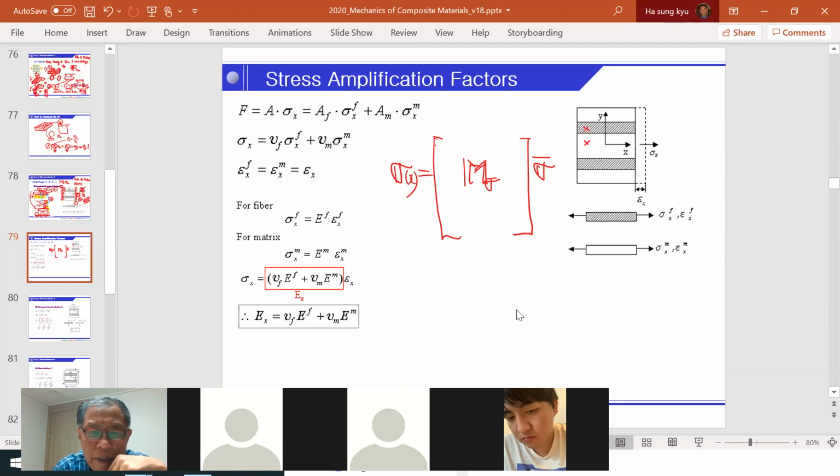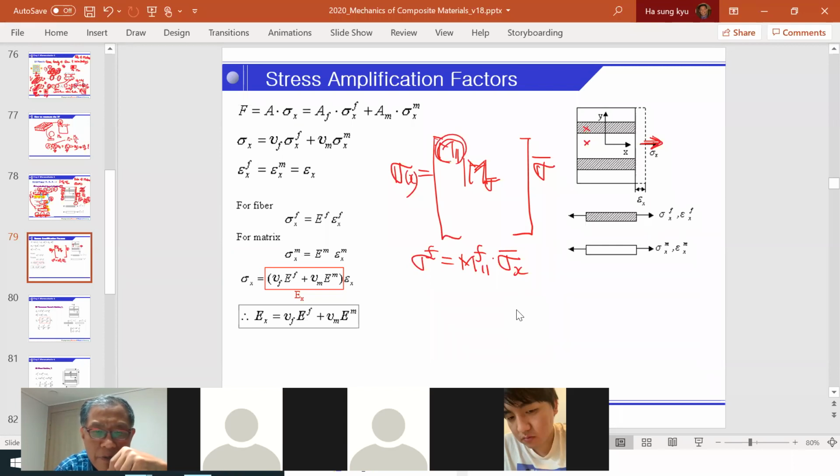And here, let's take the M11 component. M11 relates a certain stress, like one in the x direction, the fiber direction, to the fiber stress: sigma x of the fiber equals MF M11 times the sigma bar x.